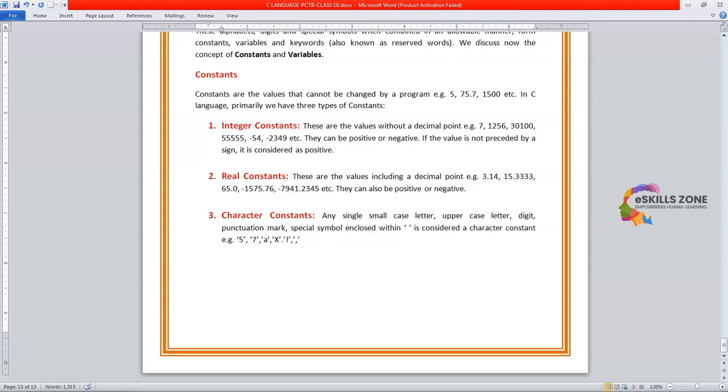Or we can type a semicolon, etc. They are all considered as character constants.